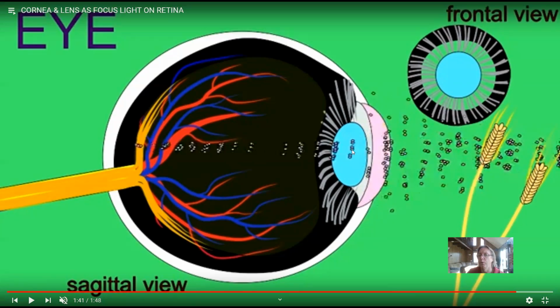Okay, so if your lens is thicker, or if your eyeball is too wide, you bend light too much, okay? And so therefore, you are what's called nearsighted.